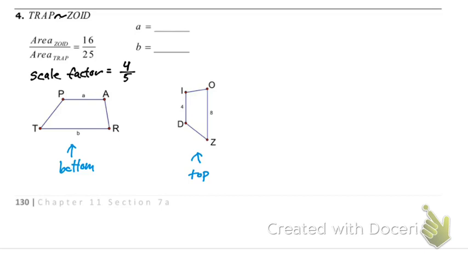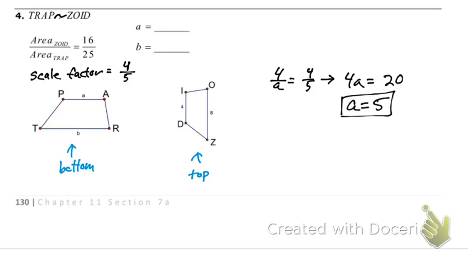Now we can go, okay, this is my top, so we'll have our 4 over A is going to equal my scale factor of 4 over 5. Using our means extremes, we'll come up with 4A equals 20. We'll have A equals 5.